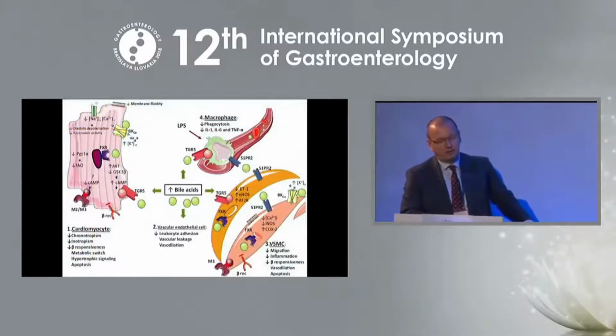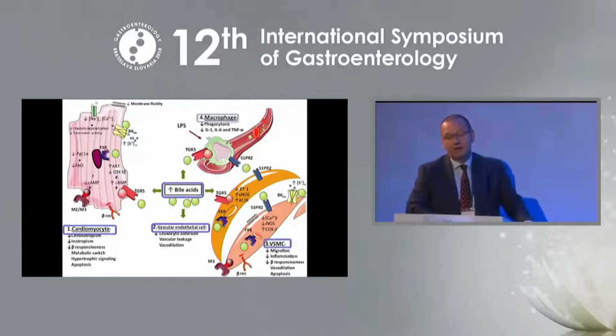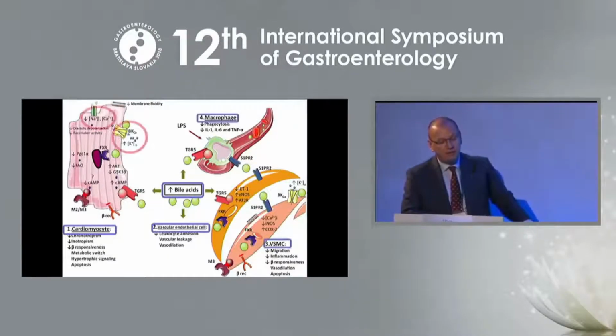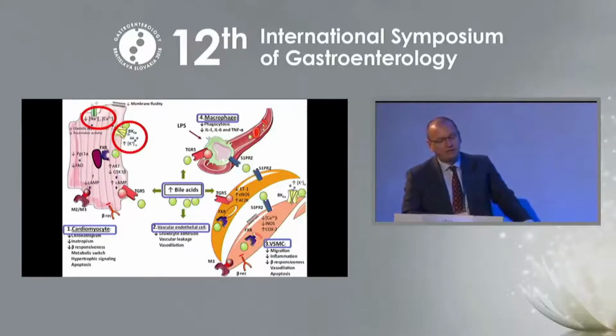This is the cardiovascular system, and let's look at how bile acids can act on it. They can influence cardiomyocytes, they can affect the functions of vascular endothelial cells, also vascular smooth muscle cells, and also macrophages. Let's have a look at the cardiomyocyte. Bile acids can influence ionic transport.